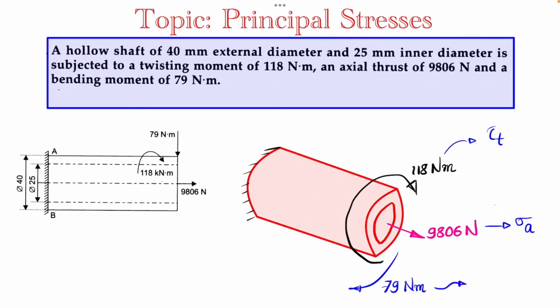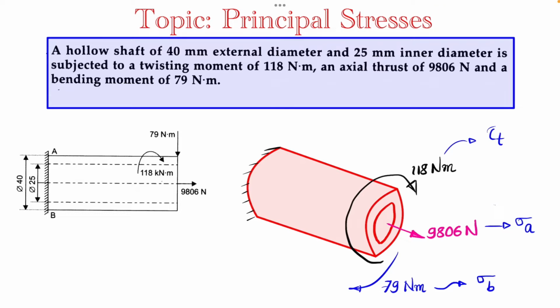Here this bending moment will be causing normal bending stress sigma B, or flexural normal stress sigma B. All these components we have to evaluate at the critical point.